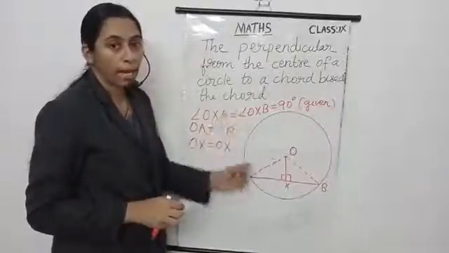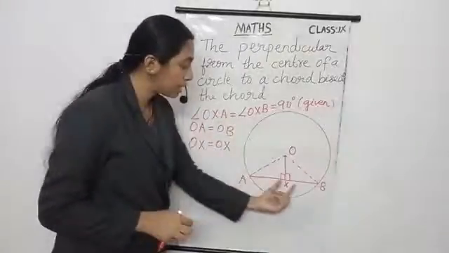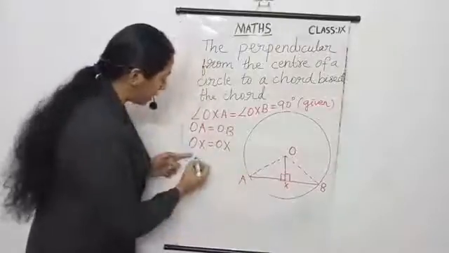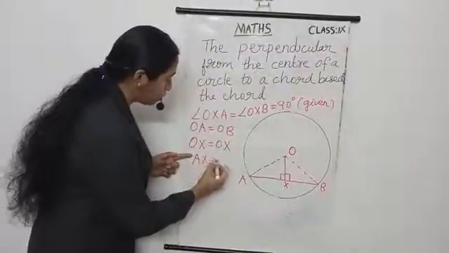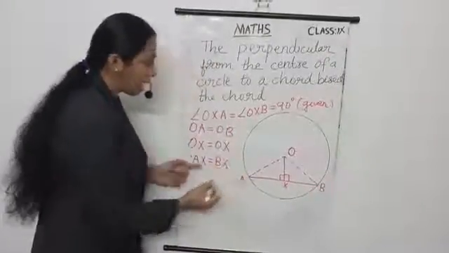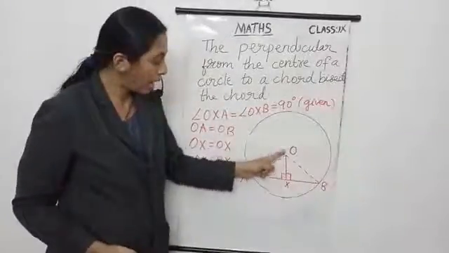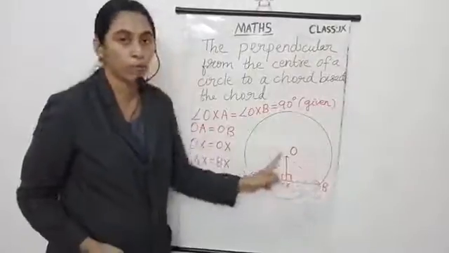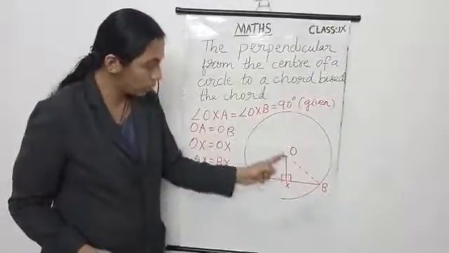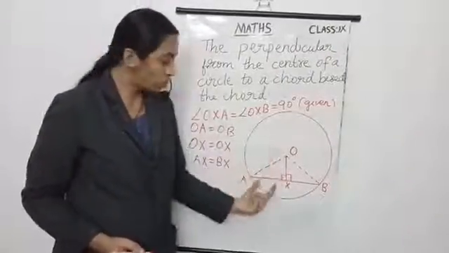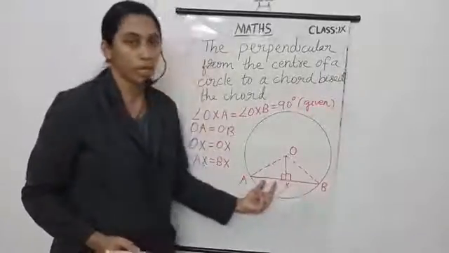So, by the RHS rule, this AX is equal to BX. RHS rule means these two angles are 90 degrees and the hypotenuses are equal and this side is also equal. By the RHS rule, these two sides are also equal.